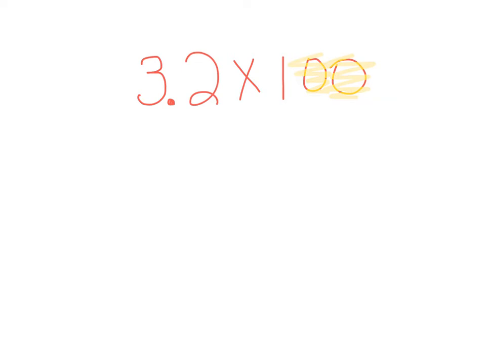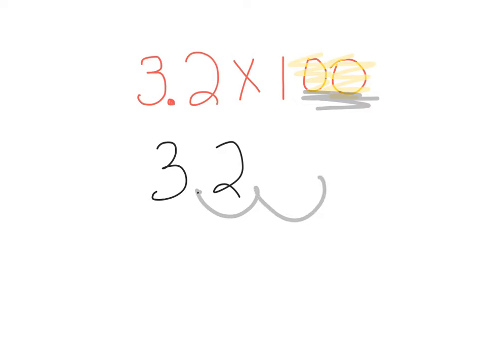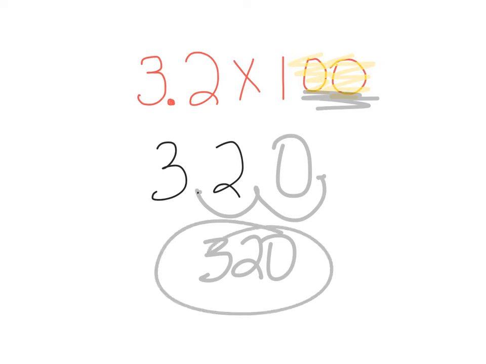As we look at the number 3.2, our decimal is sitting right here in between the 3 and the 2. That decimal will move 2 spots because there are 2 zeros. 1, 2. It's going to move so that the number gets bigger, from 3.2 to now 320. This is our answer to 3.2 times 100. We move the decimal, boop, boop, and there we go.